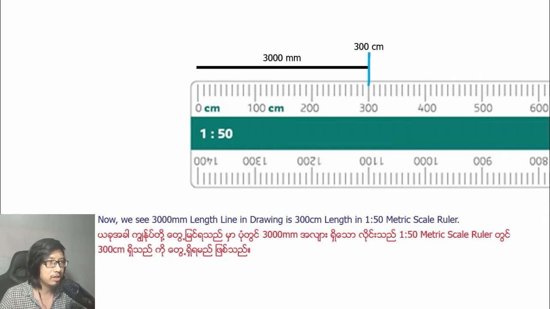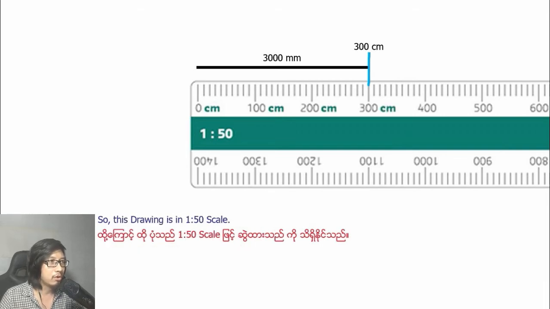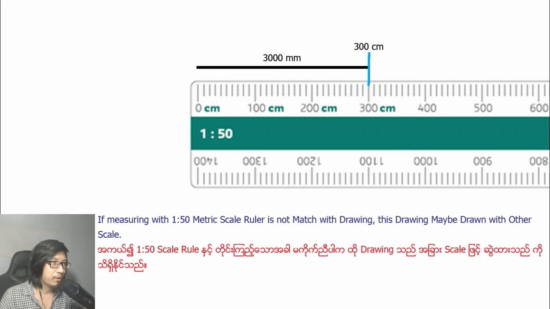Now we see the 3000 millimeter line in the drawing is 300 centimeter length on the 1:50 metric scale ruler. So this drawing is in 1:50 scale. If measuring with the 1:50 metric scale ruler does not match the drawing, this drawing may be drawn with another scale.